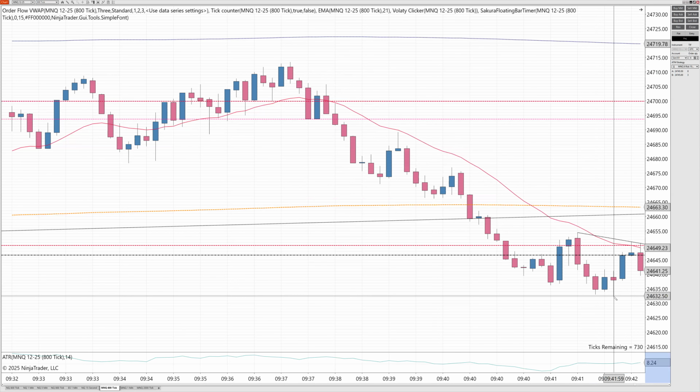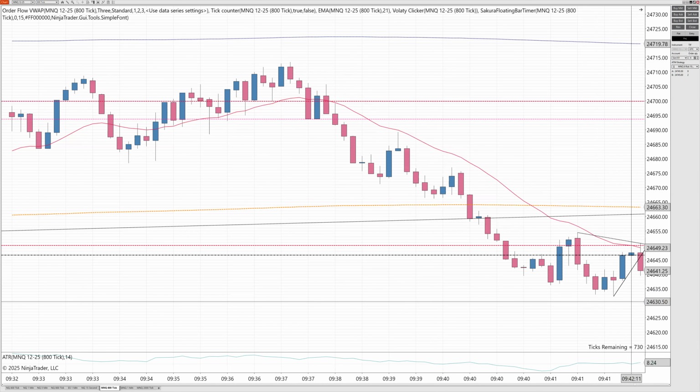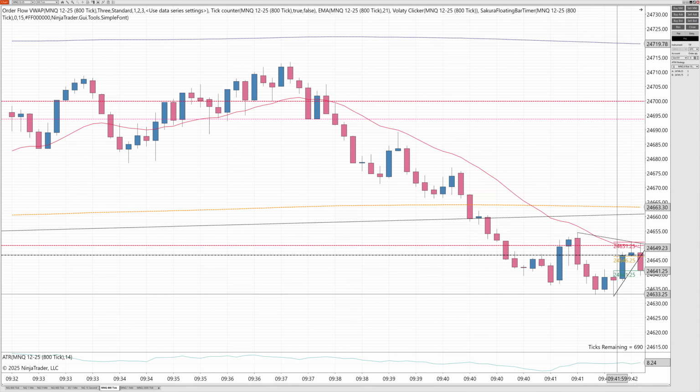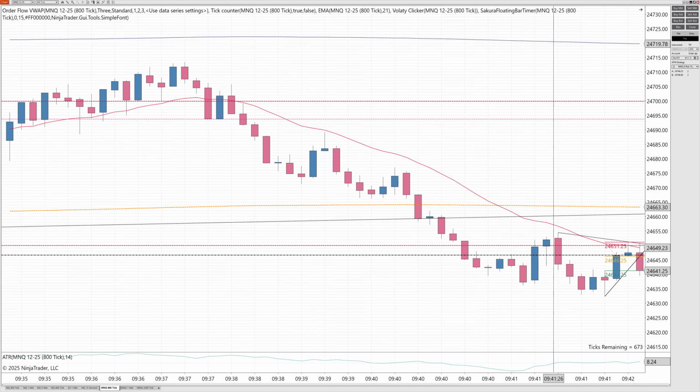But we retested 650, we retested the EMA, and then we triggered lower. So technically this would be a trigger to go back down. Problem is I have this trend line in the way. So it worked, but it was only about 5 points.